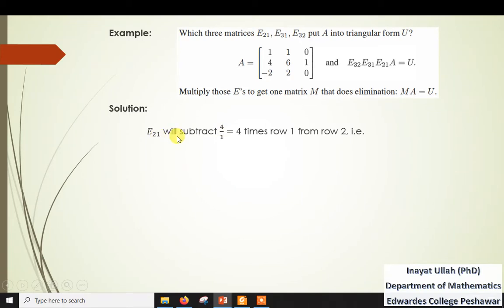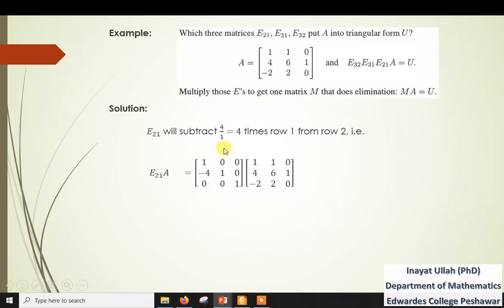So E21 will subtract 4 by 1, which means 4 times row 1 from row 2. Subtraction of 4 times row 1 from row 2 is actually a change in row 2, and the change in row 2 is that we will write in row 2 the 4 with negative sign, at the place where there is 1 in row 1.